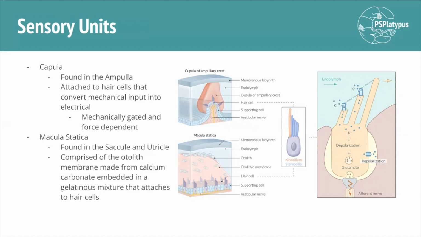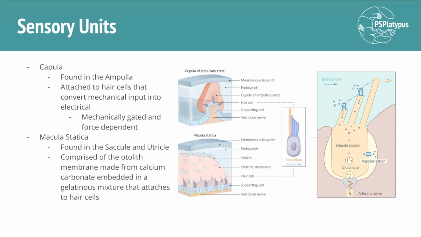The capilla is attached to hair cells beneath it, and basically the deflection of the capilla due to movement of the endolymph within the semicircular canal causes deflection of the hair cells, moving either towards the kinocilium or away from the kinocilium.